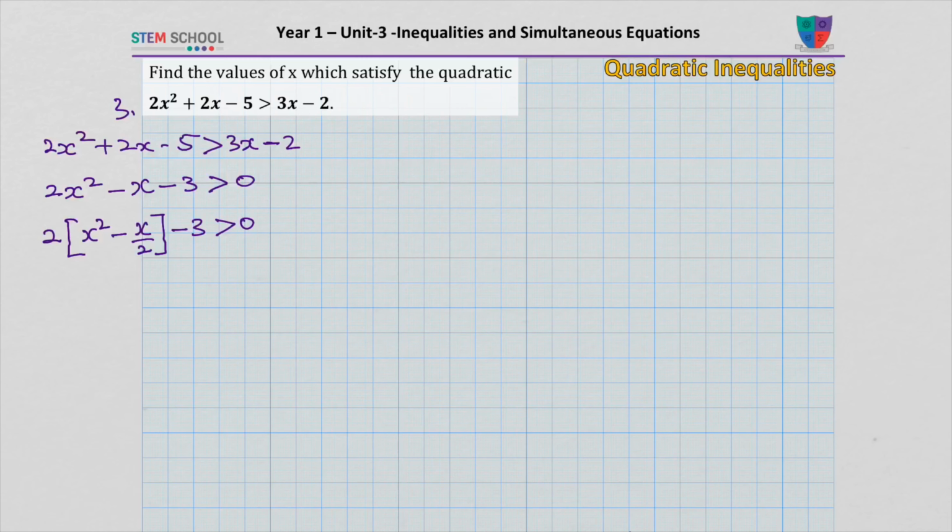Now I'm going to apply completing the square to the first two terms in the square bracket. When I'm doing completing the square on something like x squared plus bx, then my completing the square would be x plus b over 2, squared, minus b over 2 squared.